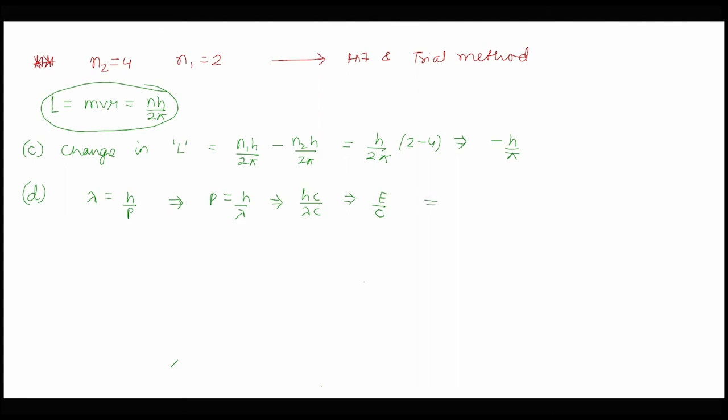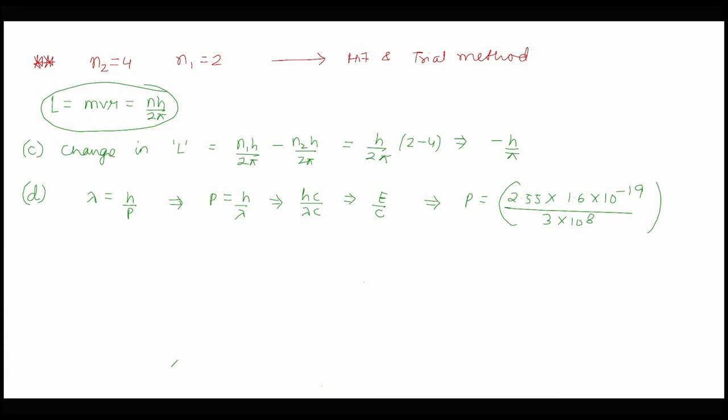So from here we can calculate P as the energy value 2.55 multiplied by 1.6 into 10 to the power minus 19, so that we convert it into joule, divided by speed of light 3 into 10 to the power 8. So this is the value of the momentum of the emitted photon.